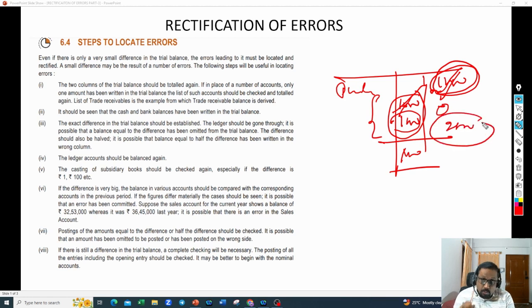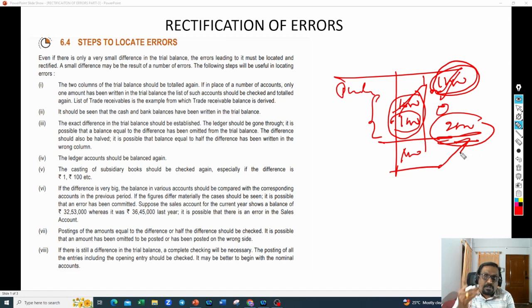right? So you need to understand what that exact difference is. To this extent, whether you will be in a position to identify the full value of the transaction. If the full value of the transaction is not available, see whether half of the difference got posted on the wrong side. That also you can look into.